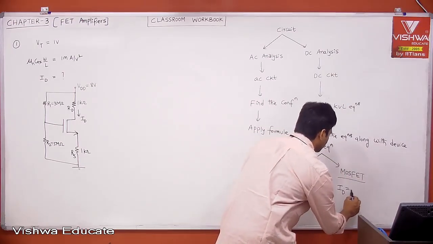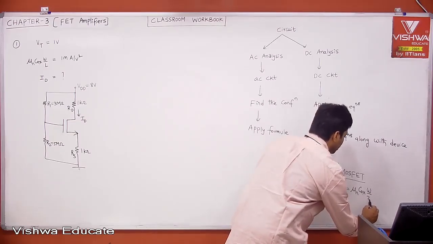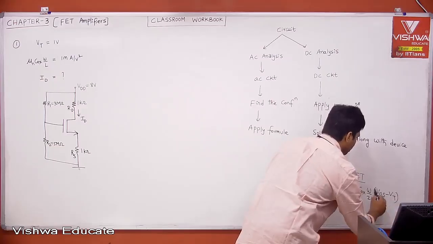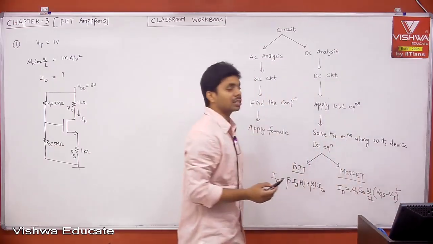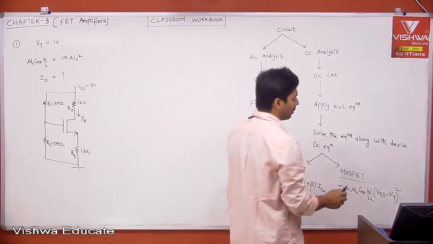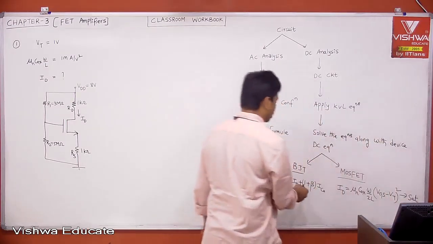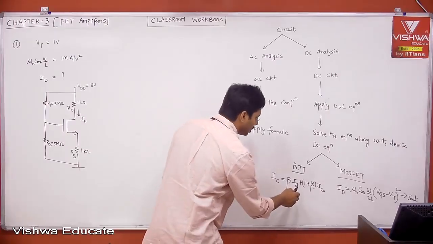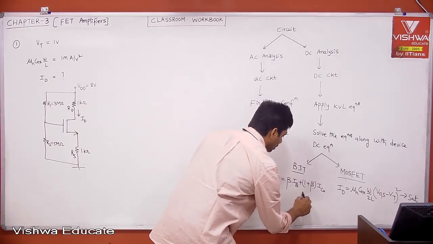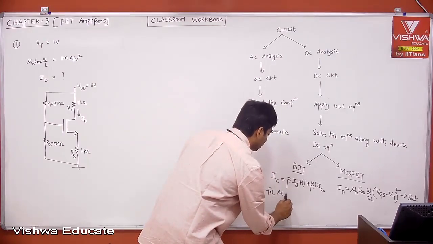ID is equal to mu n Cox W by 2L into (VGS minus VT) whole square, provided the transistor is in saturation. Therefore, this is true only when it is in saturation, that is, in the active region.